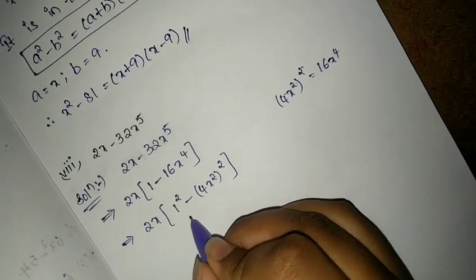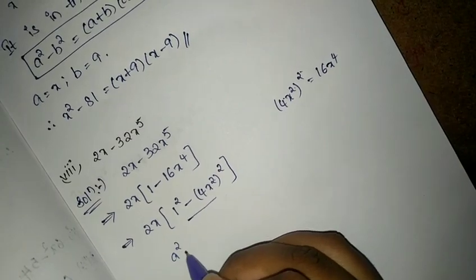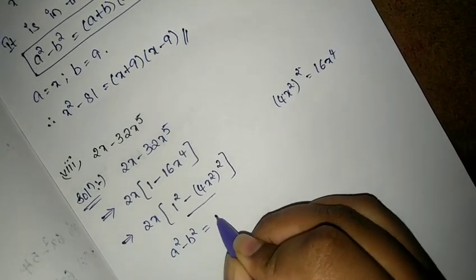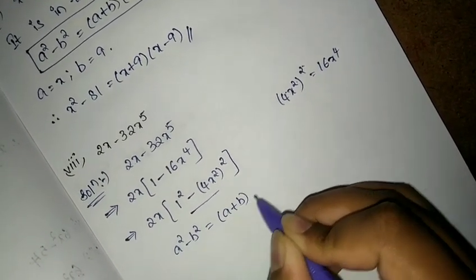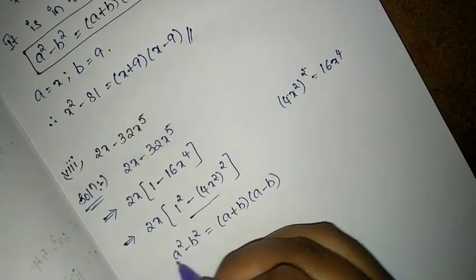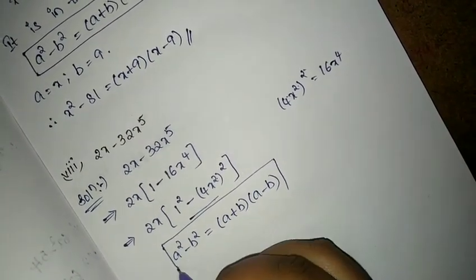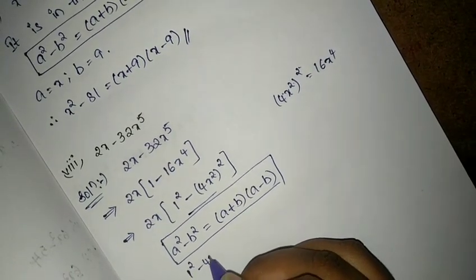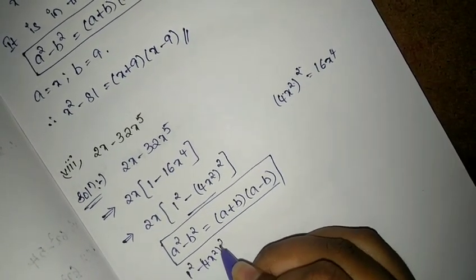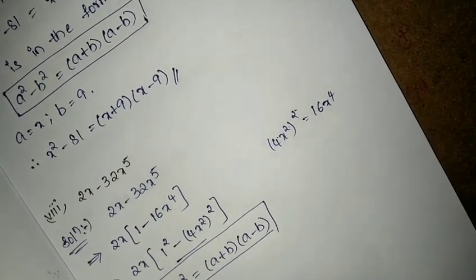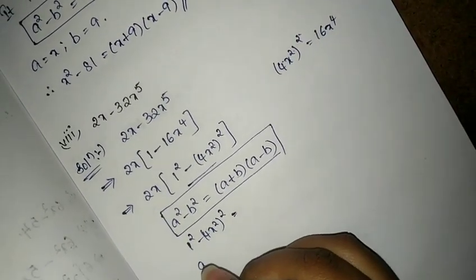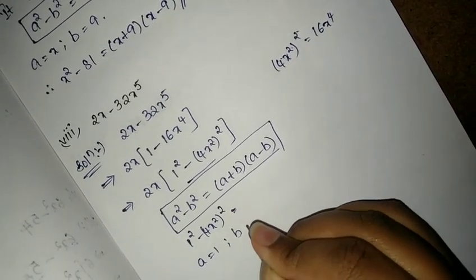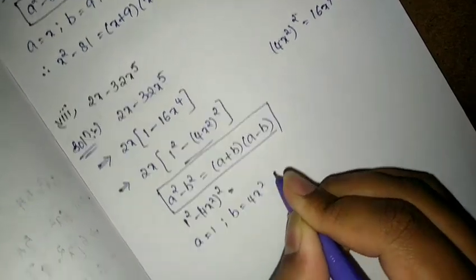So next it is in the form of a square minus b square. Formula for this is a plus b into a minus b. So here we have 1 square minus 4x square whole square. So a equal to 1 and b equal to 4x square.